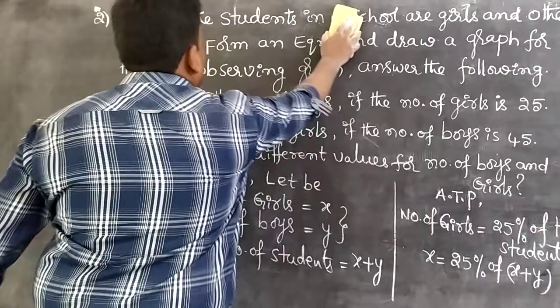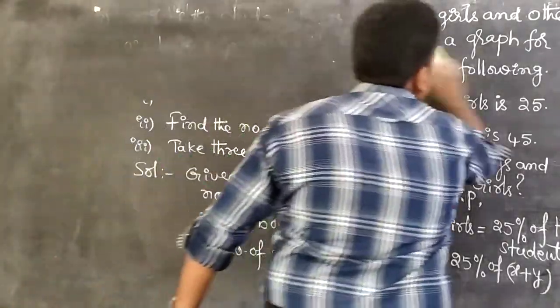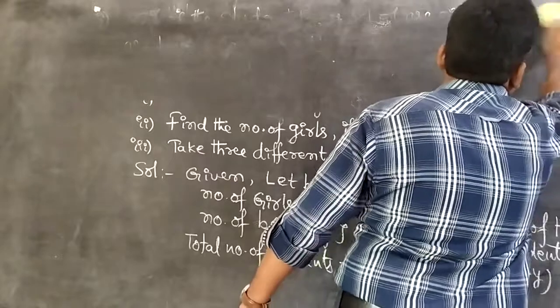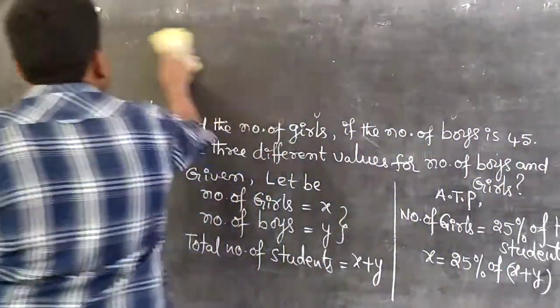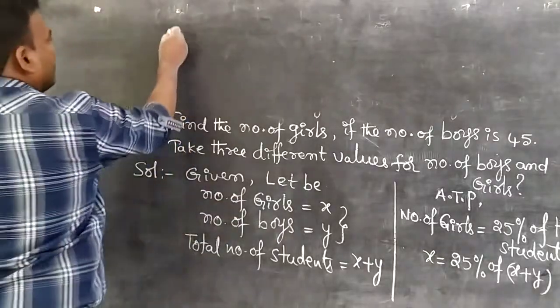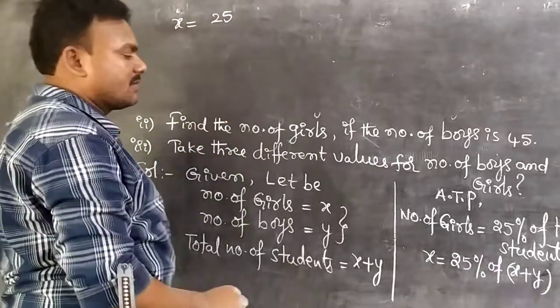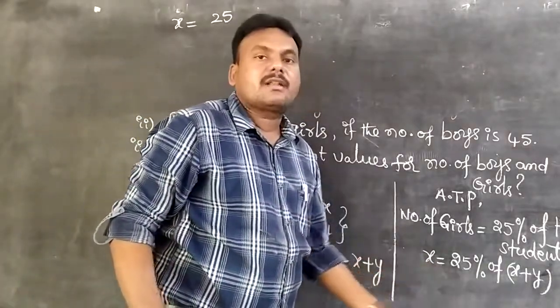Okay, shall I clear this problem? Then X equals 25%. If we remove the percentage symbol, we express it with denominator 100.